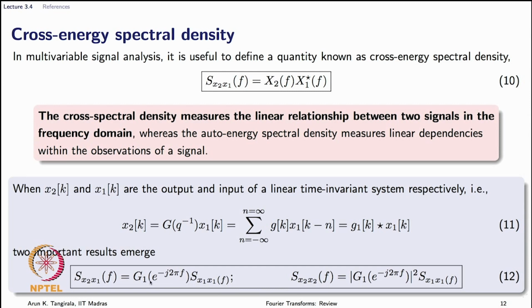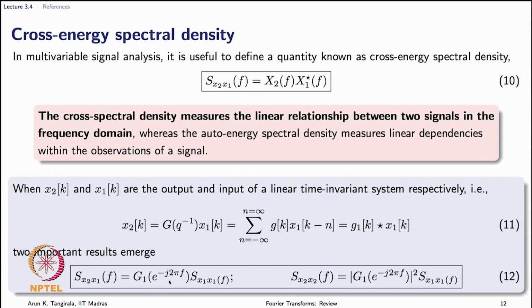The first one is expressing the cross spectral density in terms of the auto spectral density of the input. So, here this is a cross spectral density between the output and input, and that is related through what is known as the frequency response function.